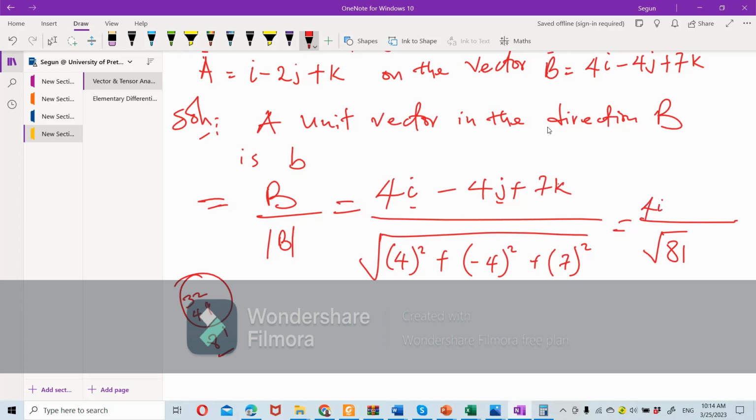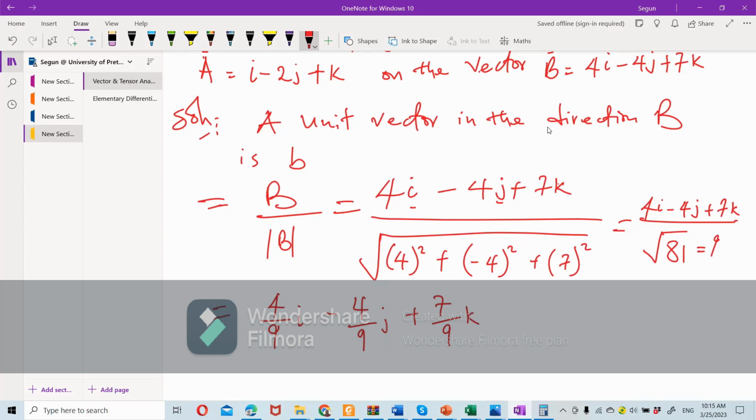We have 4i minus 4j plus 7k over the square root of 81. So at the end of the day, what do you have? The square root of 81 is equal to 9. Don't forget. So it's going to be 4 over 9 i minus 4 over 9 j plus 7 over 9 k.